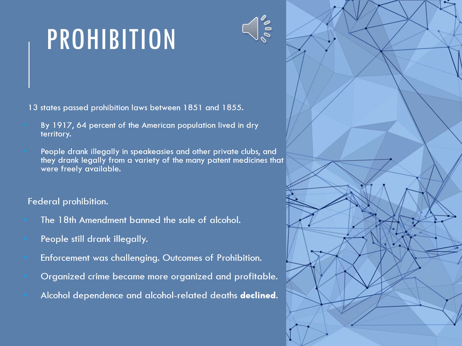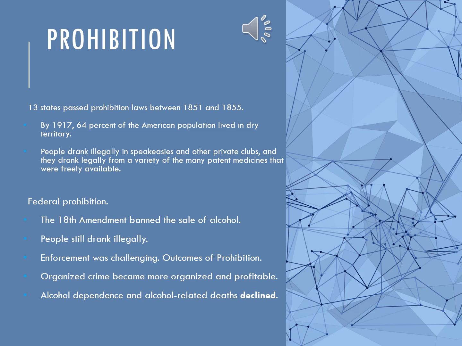So, looking at prohibition, as political power swung back and forth, states would pass and then sometimes later repeal laws that intended to restrict access to alcoholic beverages. The first state prohibition period began in 1851 when Maine passed its prohibition law.